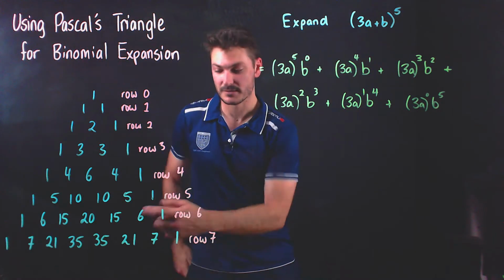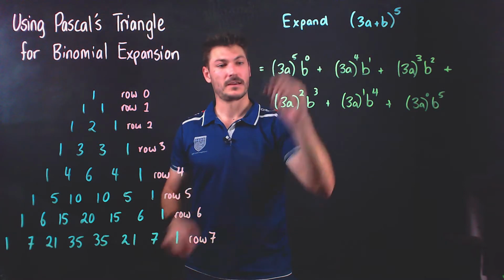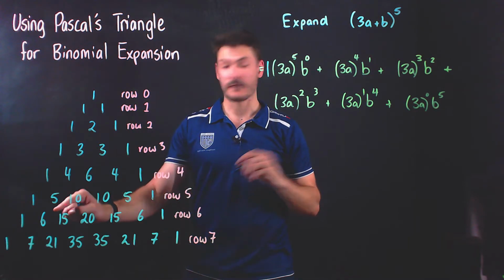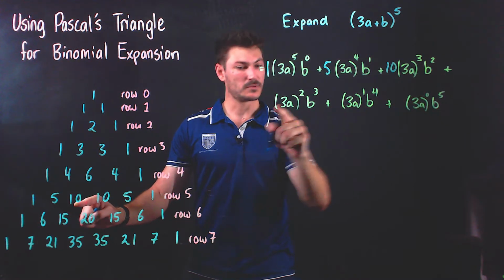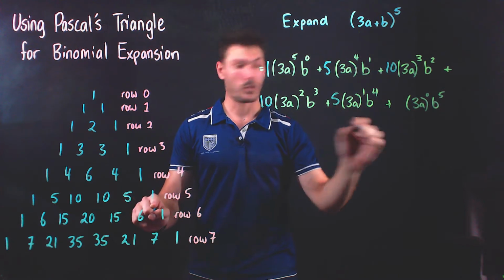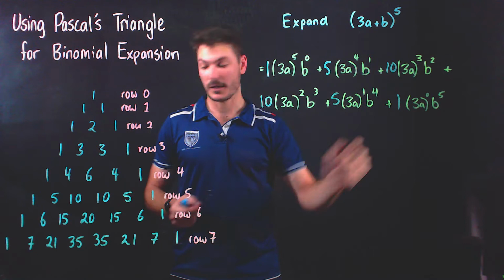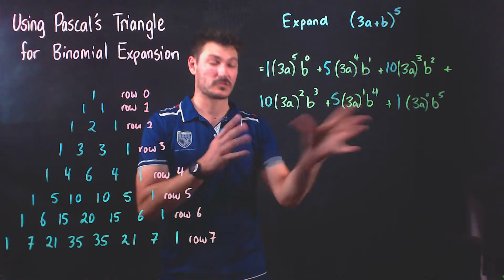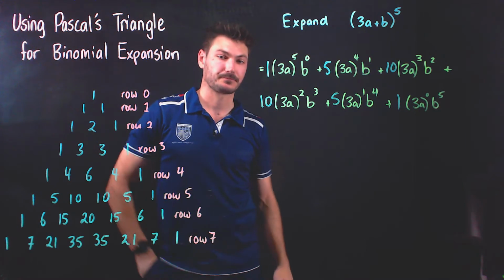I'm going to get my blue pen to match Pascal's triangle. 1, 5, 10, 10, 5, 1. This is going to be a 1. Then I've got 5. Then I've got 10. My next one's down here. 10, 5, and 1 at the very end. And those coefficients, 1, 5, 10, 10, 5, 1, come from this row, and they're super imperative to get the actual right value when you expand and simplify.